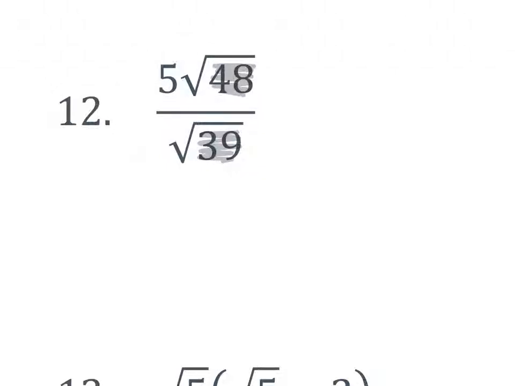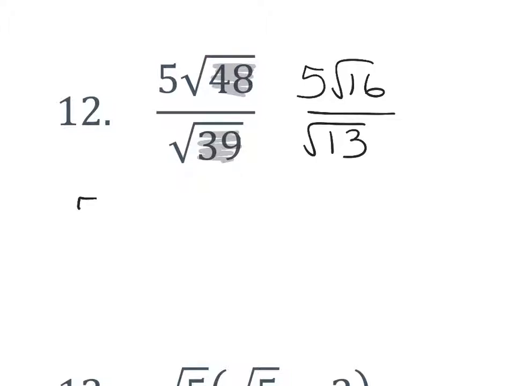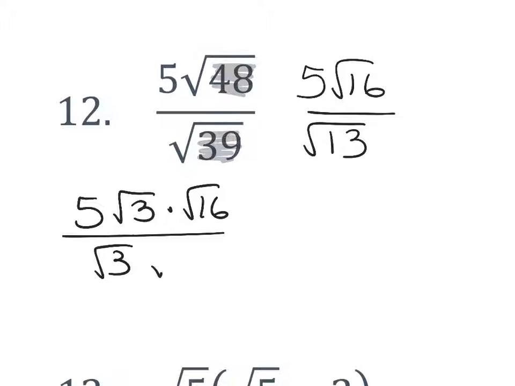Good. Okay, so I could make this 5 square root 16 over square root 13, because technically what I'm doing here is breaking this into 3 times 16 and then square root 3 times 13, and then the square root 3's cancel.